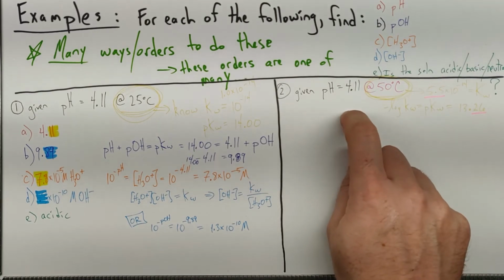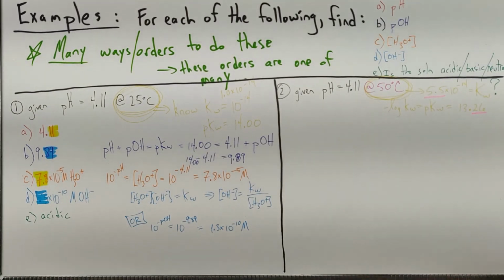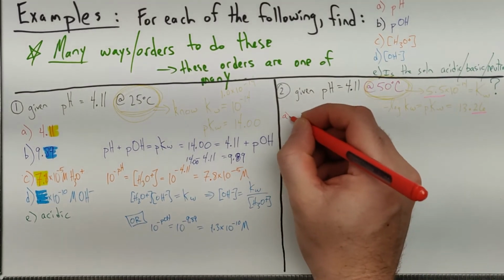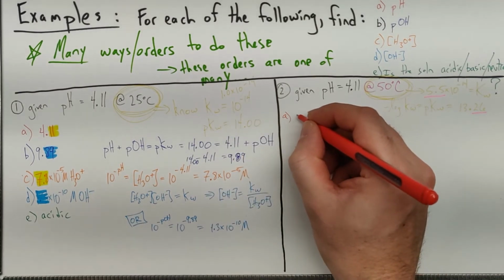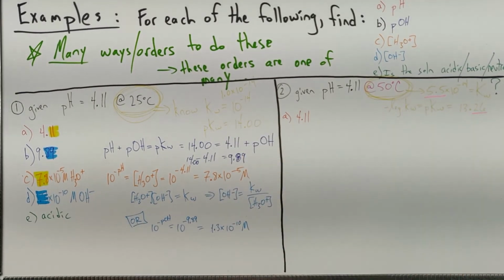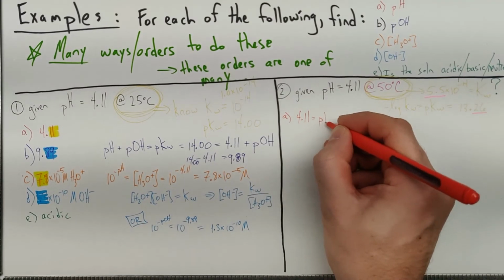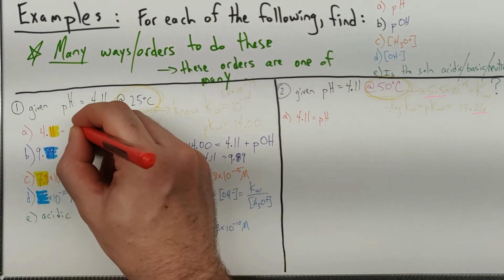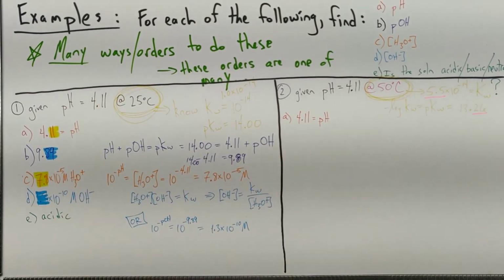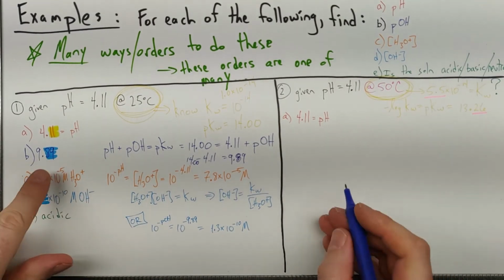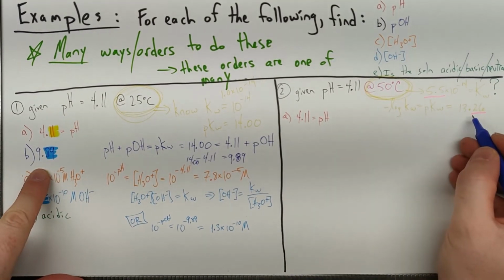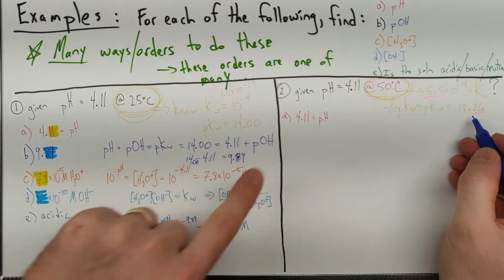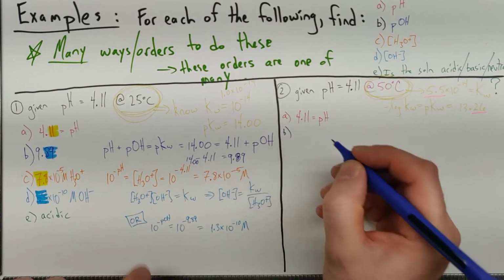So how are things going to be different? Well, not very. We're still given for part A that the pH is 4.11. We can get our pOH as 13.26 minus our 4.11. In fact, I'll write that off to the side.